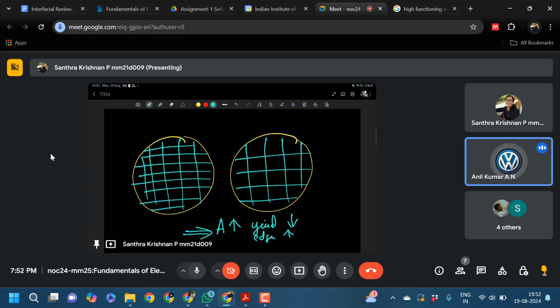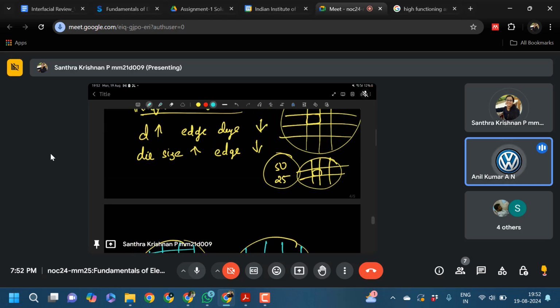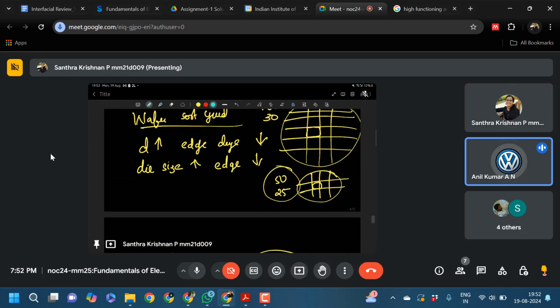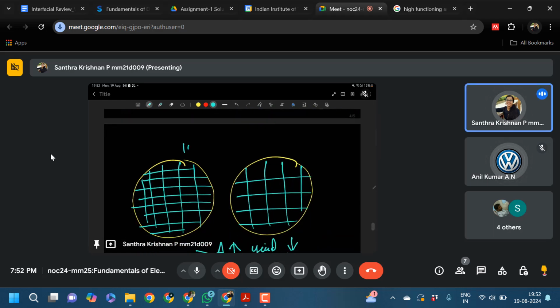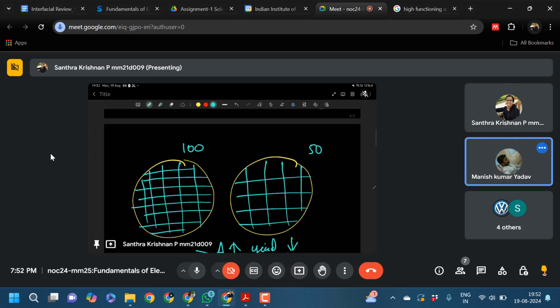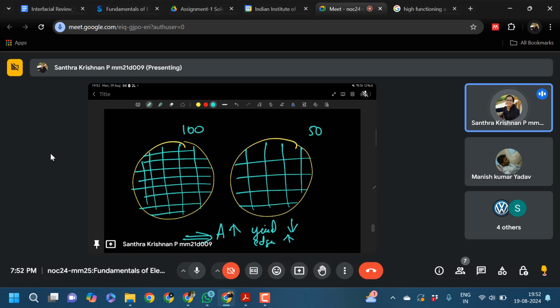In the previous case also we see in comparison: suppose there are 100 dies here and only 50 there. Edge dies should increase as area increases, but actually I think more than edge dies, it is the percentage of edge dies, that would be the correct terminology.